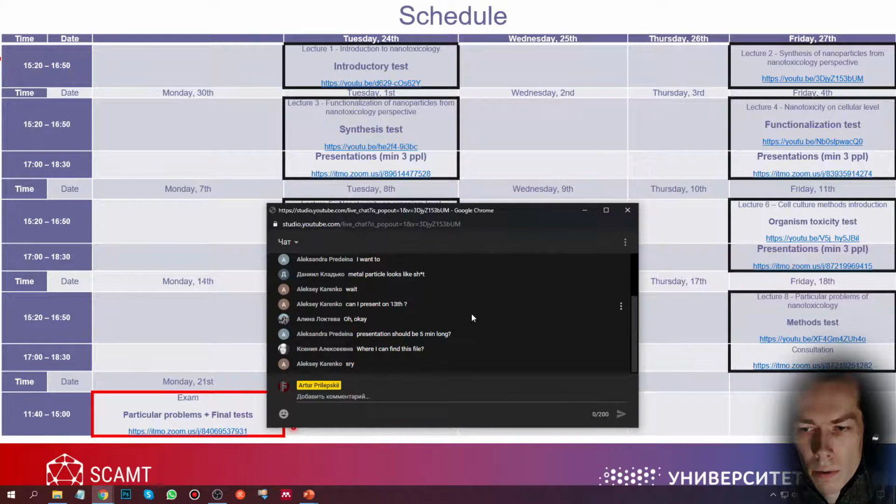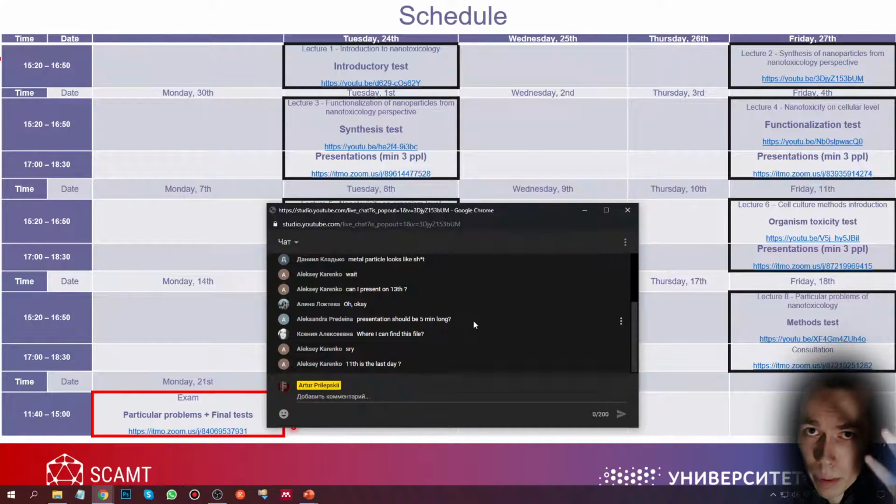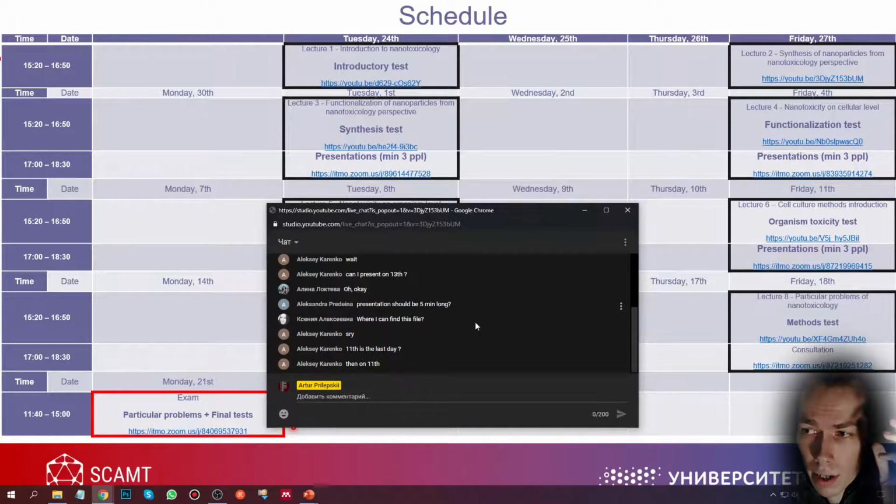Again, the presentation is 5 minutes long, and for your report, your text, you should prepare some text, no more than 5 pages. So you can make less than 5 pages, but no more than 5 pages. A 5-minute presentation, a 5-page report.